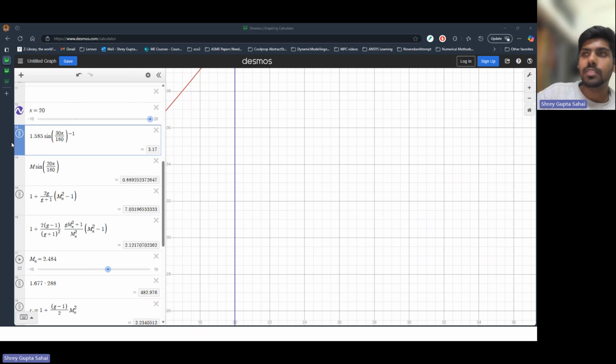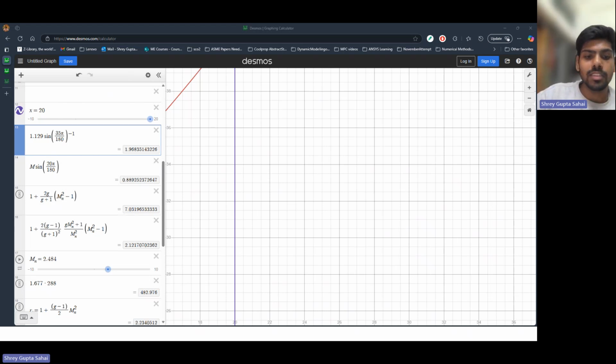And if it's the other way around, 1.129, and then beta is 35, so you get 1.968. Now for this Mach number and theta value we have, theta value is 15.